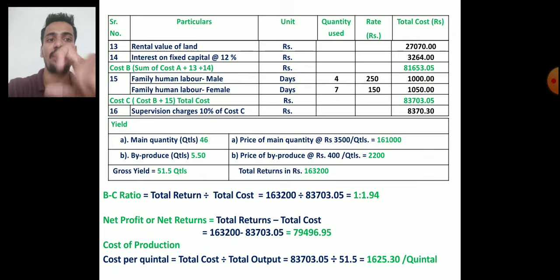So total return, that is total gross return, is 1,63,200. So we have to take the 1/6 value of 1,63,200 minus land revenue, which is 130 rupees.